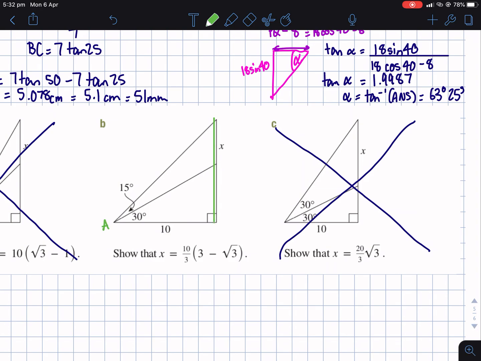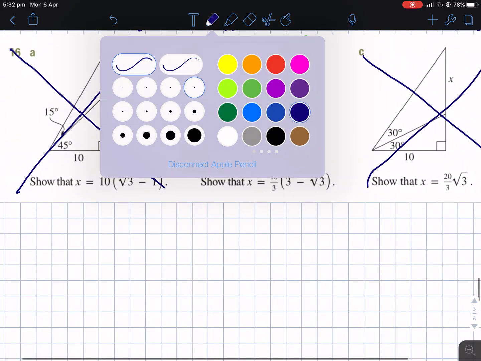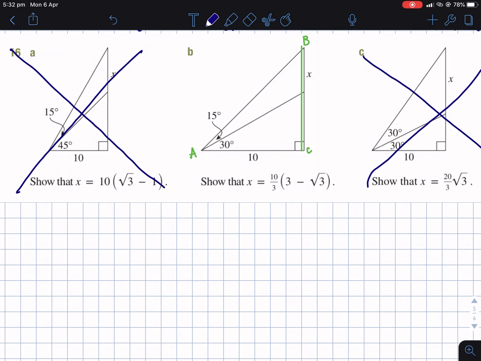I'm going to label this A, B, C. If I just look at the larger outside triangle, then tan 15 plus 30, 45, equals the opposite, the length BC over 10, because I've said that's what AC is. So BC equals 10 tan 45, which is also 10.